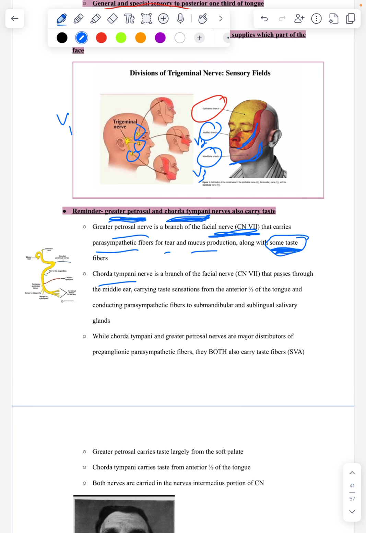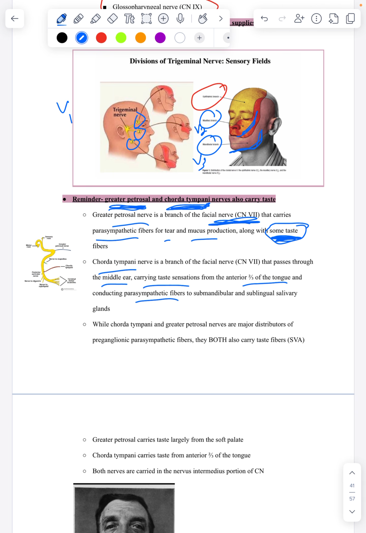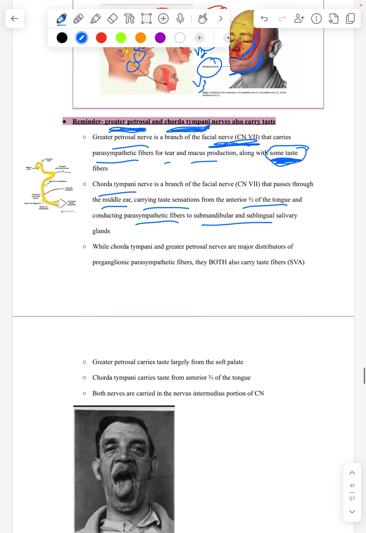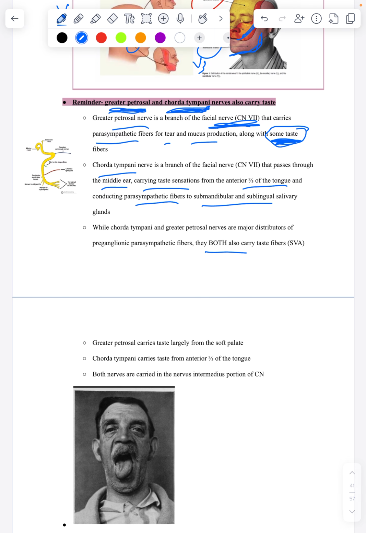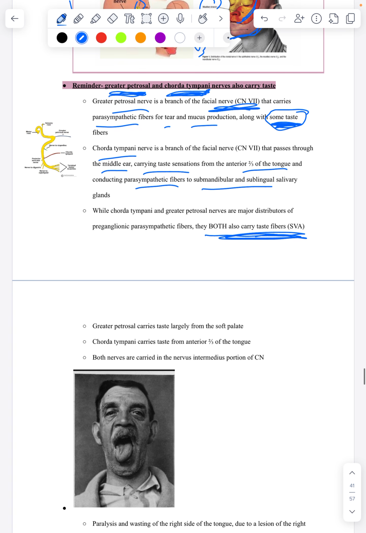So chorda tympani is the one that we said is the anterior 2/3 of the tongue, passes through the middle ear, carries taste sensations, contains parasympathetic fibers, submandibular, sublingual, whatever. But they both carry taste fibers. The difference is greater petrosal obviously only carries some taste fibers, and it's mostly from the soft palate. This is like the roof of the back of the mouth. But chorda tympani does the anterior 2/3.